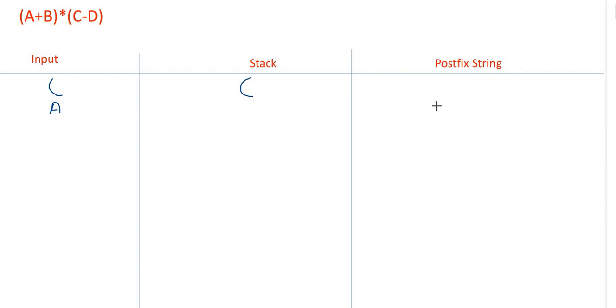A is an operand, it will be in the postfix expression. After that plus comes, but plus has more precedence than this, so we can easily put plus over it.